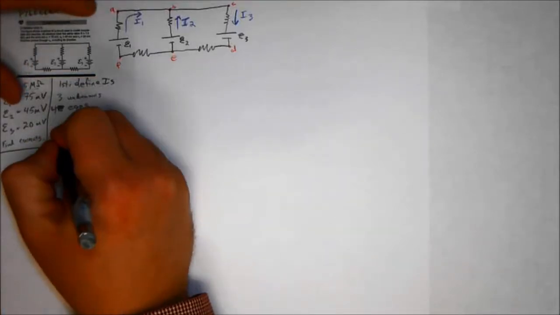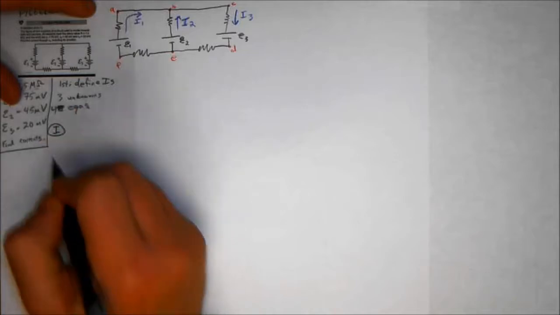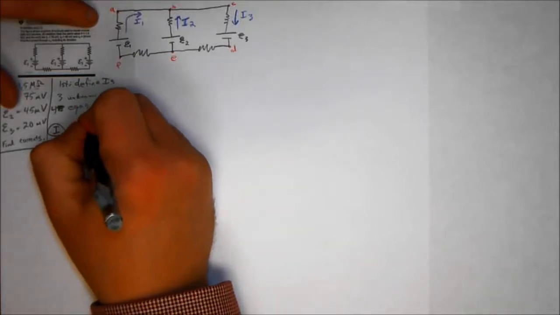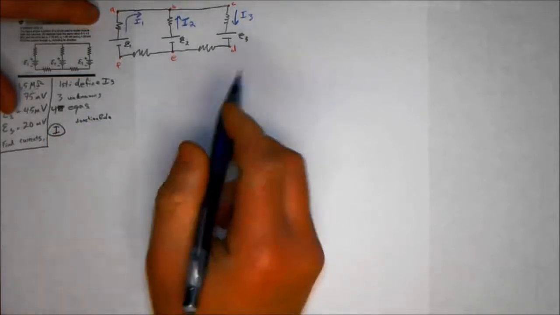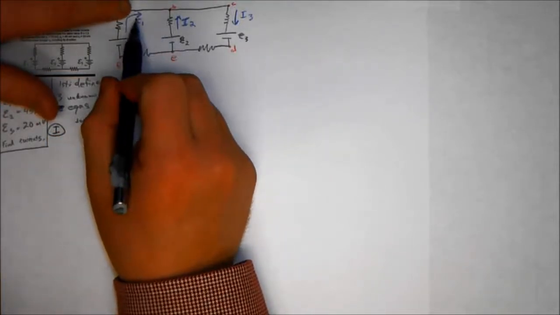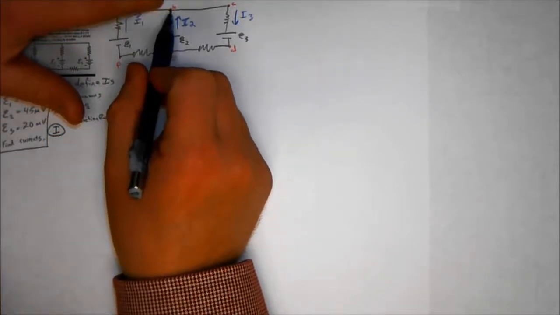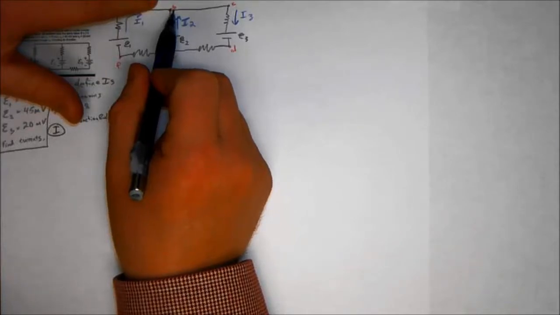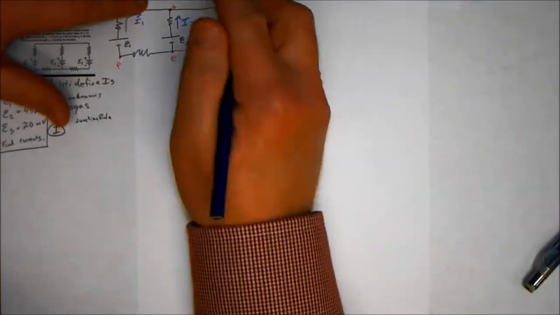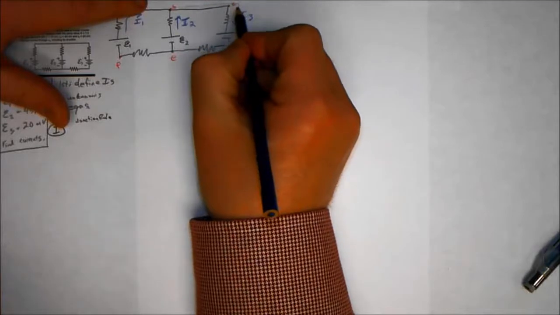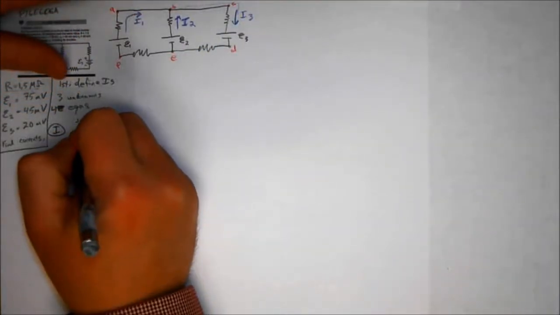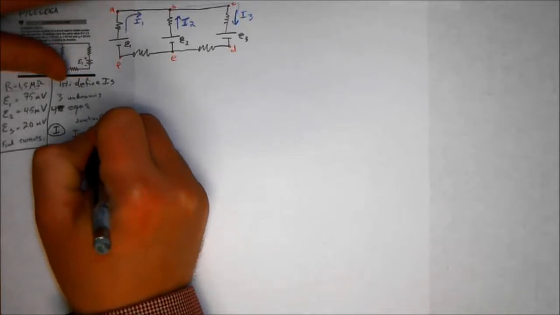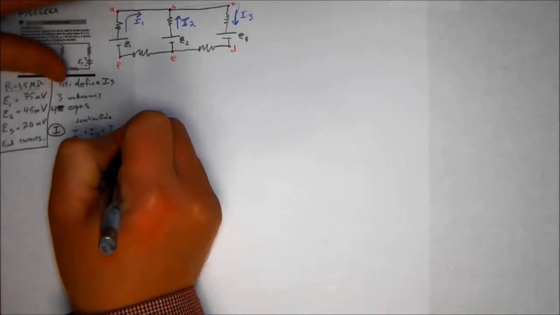So the first equation, I'll label this equation 1. That's the simplest one, following the junction rule, which means that you see I1 and I2 are flowing in together at point B, and then I3 flowing out. So I1 plus I2 must equal I3.